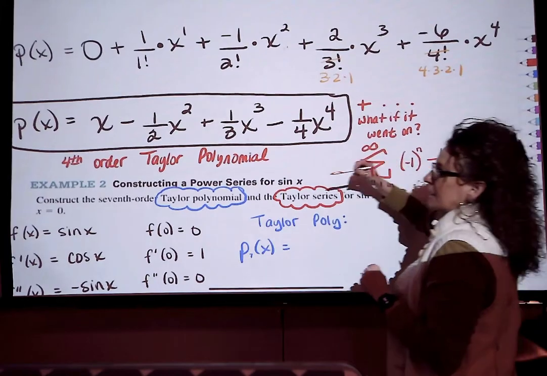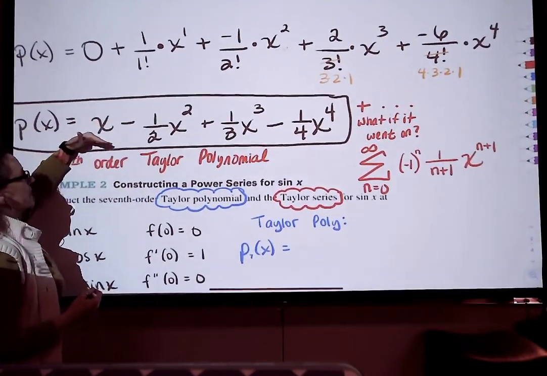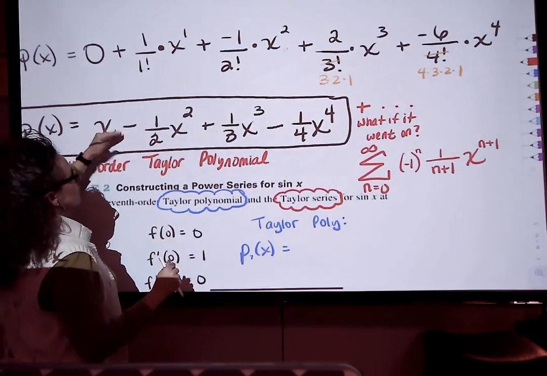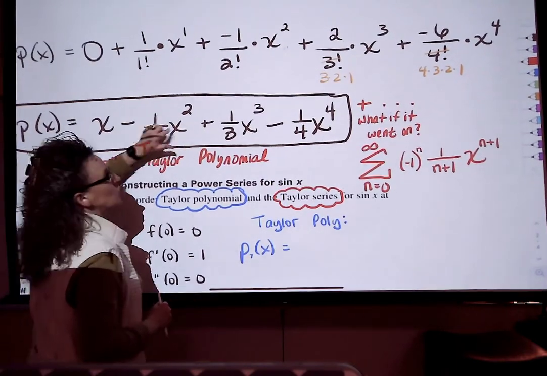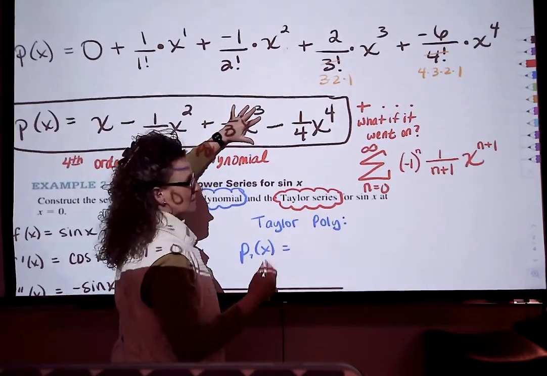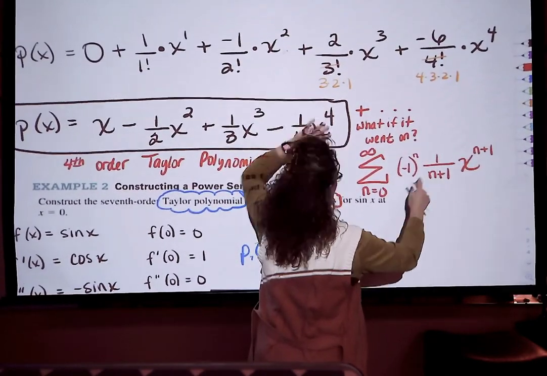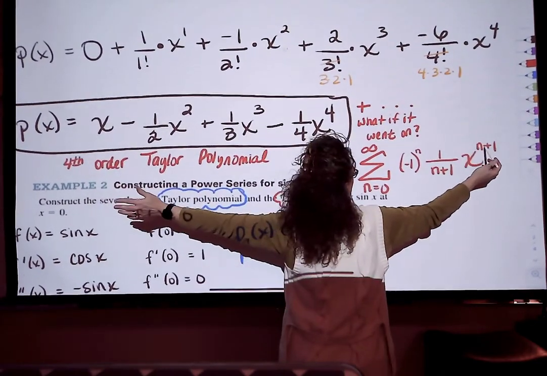The denominator, if this is my 0th term, I need my denominator to be 1. When n equals 1, I need my denominator to be 2. When n equals 2, I need my denominator to be 3. When n equals 3, I need my denominator to be 4. Also, when n equals 0, I need my exponent to be 1.